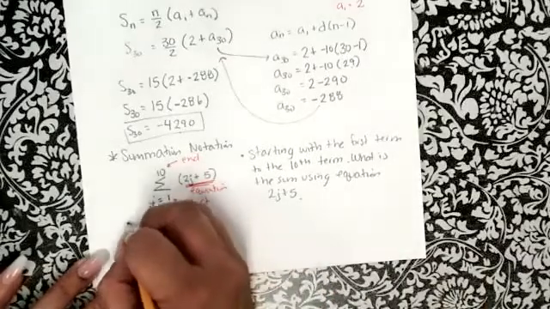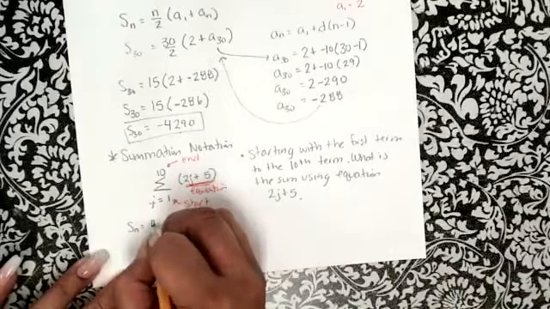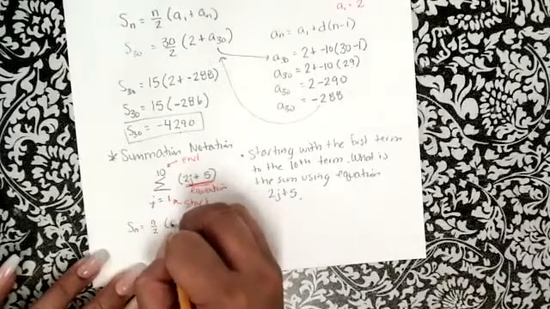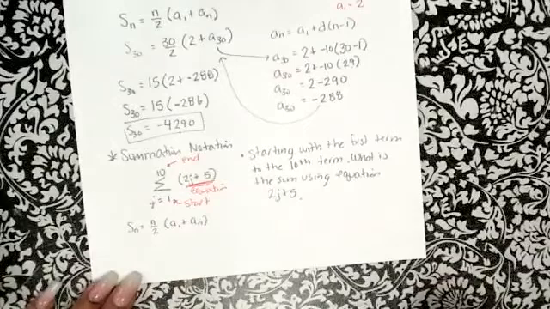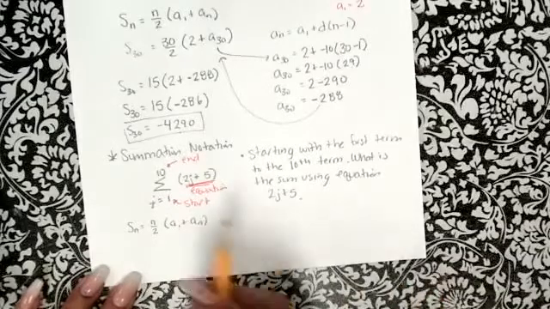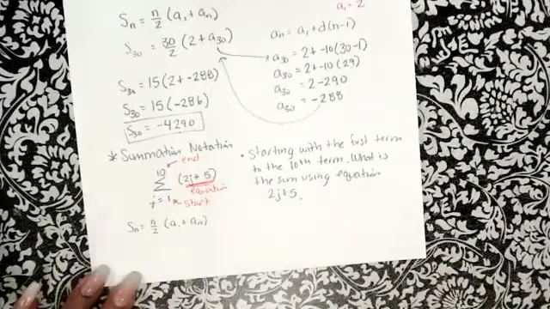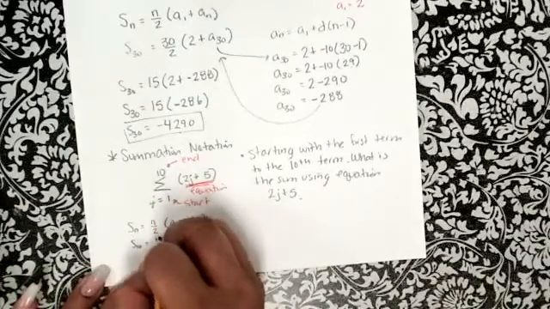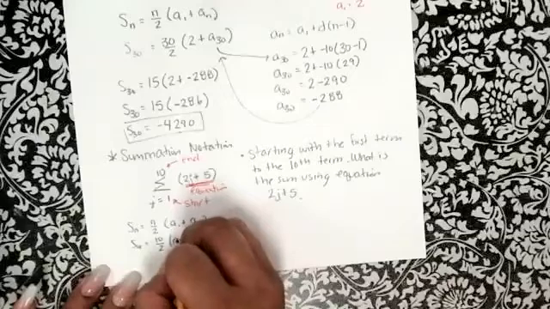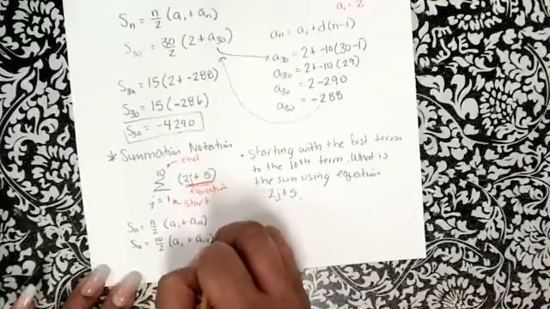This is the sum formula. S of n equals n over 2 times a1 plus an. Now remember, you're ending at 10, so your n is going to be 10. So this is going to be S10 equals 10 over 2 times a1 plus a10.